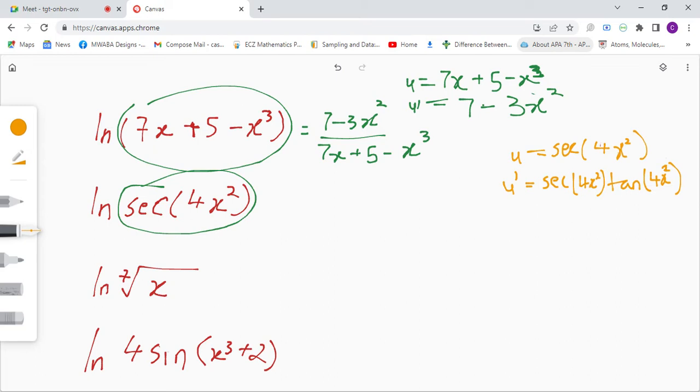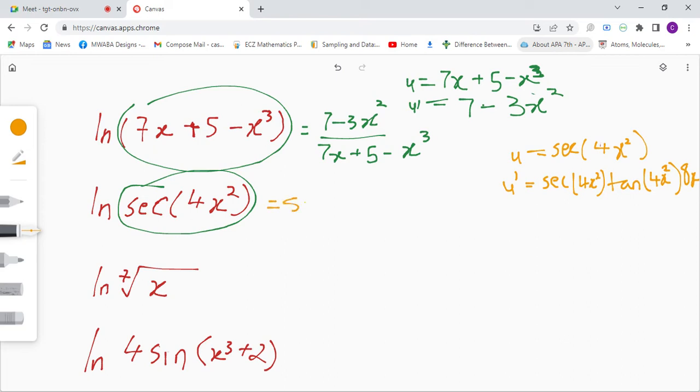Then we derive 4x squared. We get 8x. 2 times 4, that is 8. So we get 8x. That's the derivative of 4x squared. So we just put in our u prime.